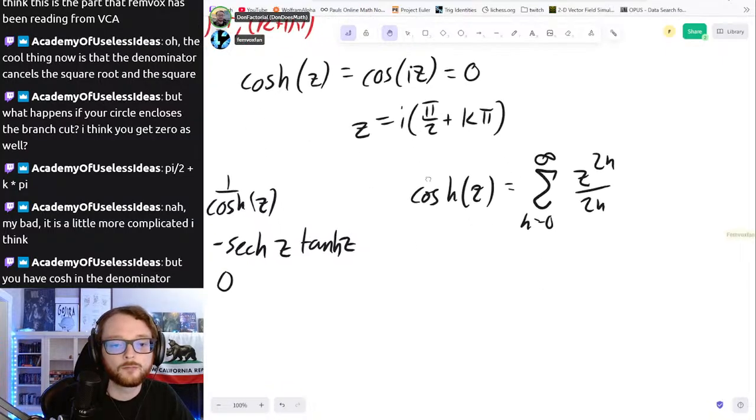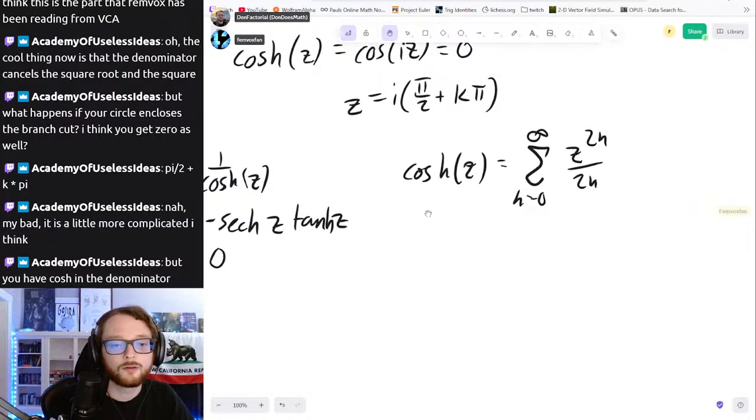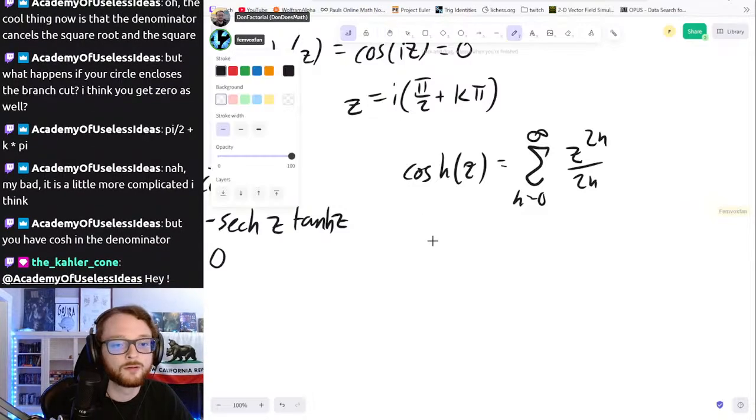Maybe we can use L'Hopital's rule. Because I think they said the residue is the limit as z approaches the singular point of the function times z minus the singular point.